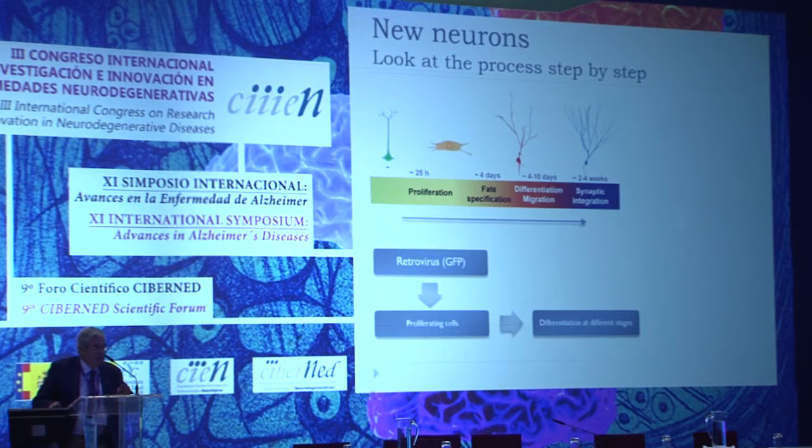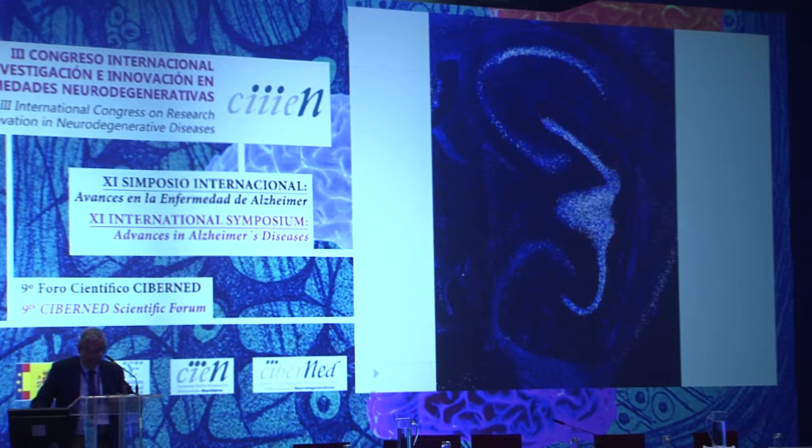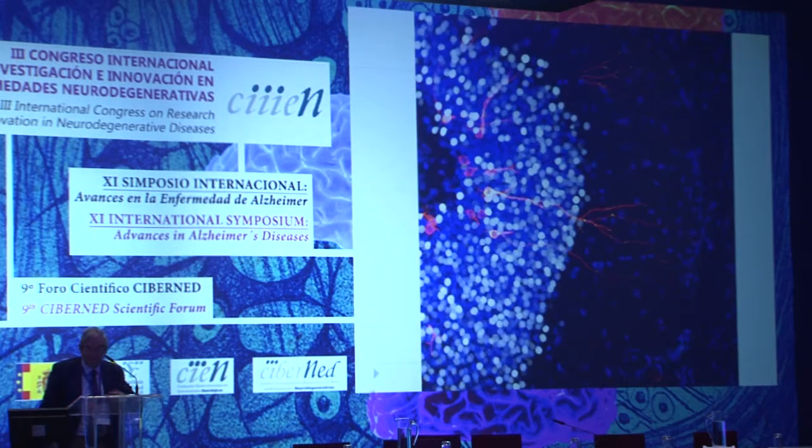We infect the proliferating cells and wait several weeks until these proliferating cells become new, adult neurons. Then, when we infect the dentate gyrus, we can find the appearance of new green-colored neurons.